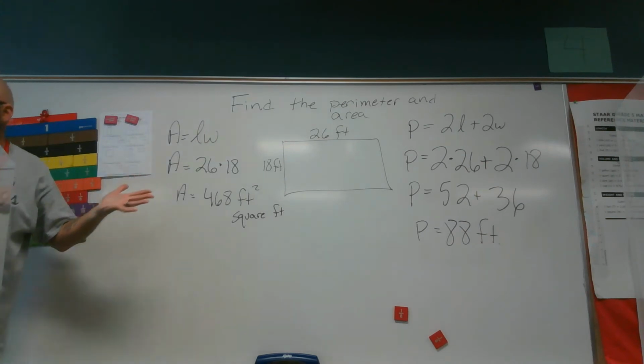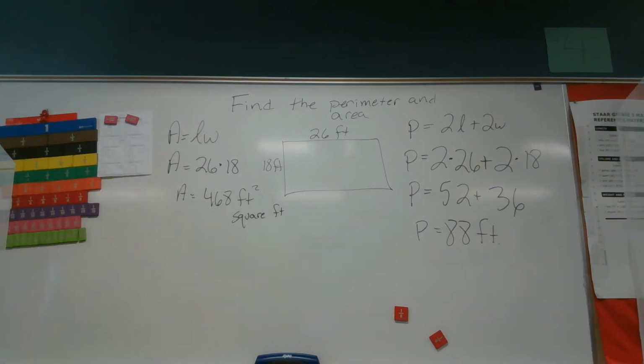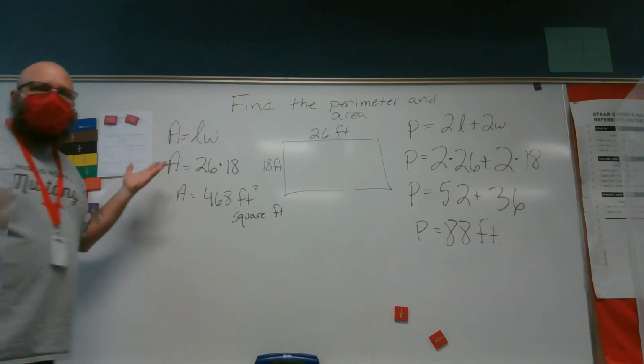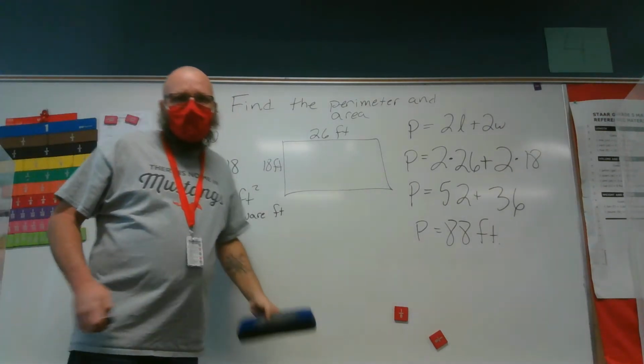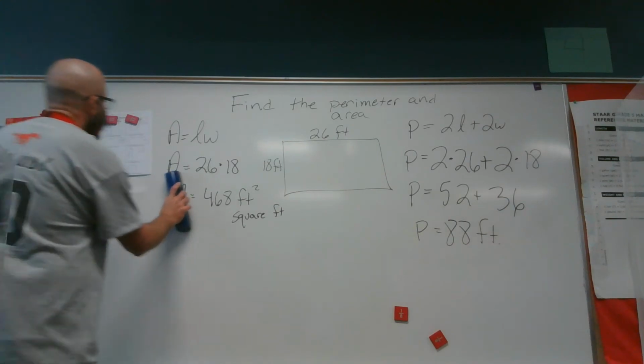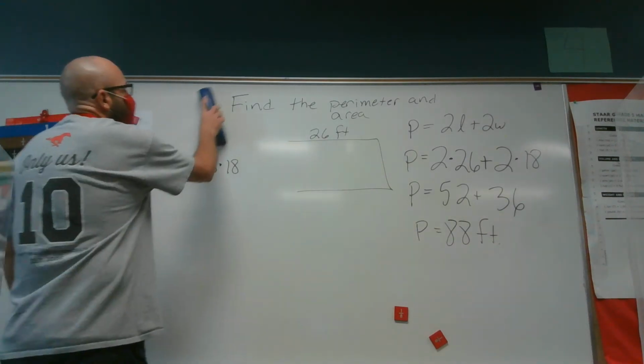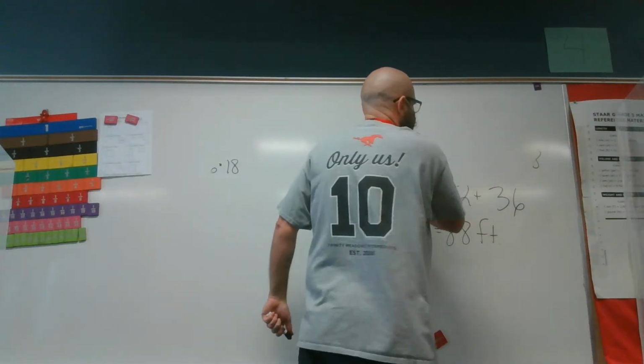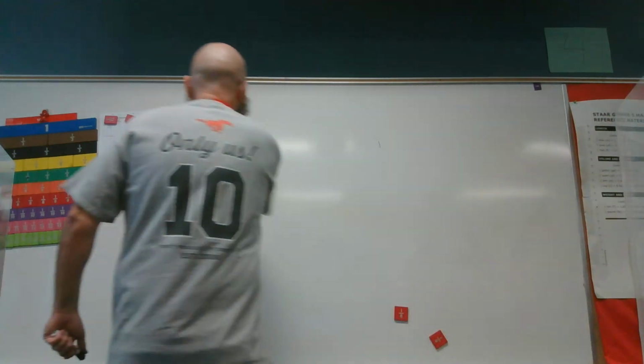All right, so fairly straightforward. Right now you're all thinking, I really don't need to write down the formula, because it's really pretty easy. So let's look at this problem.